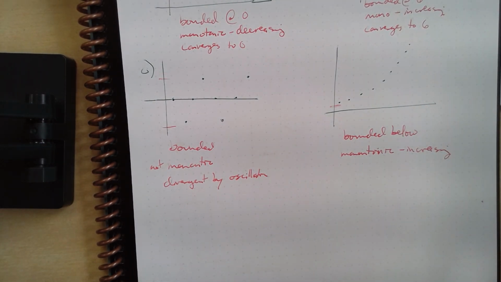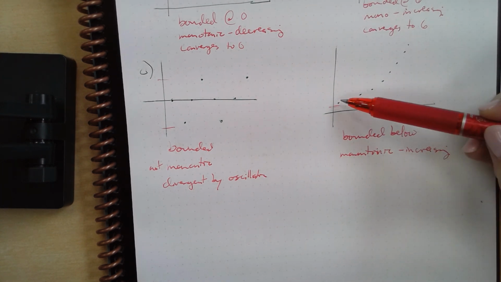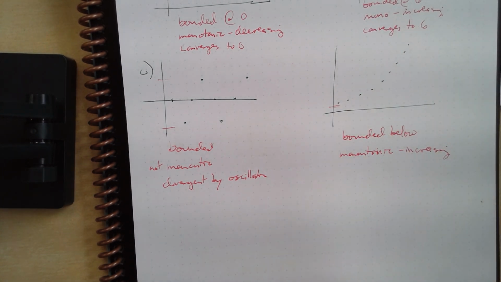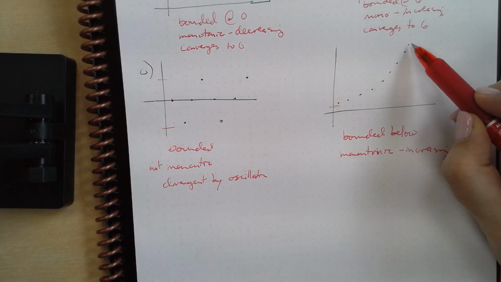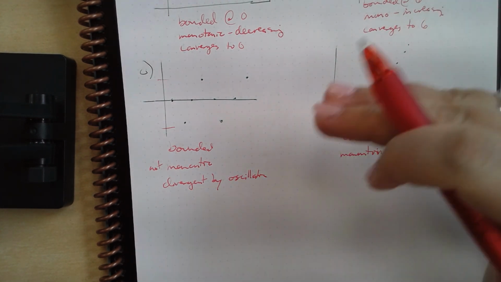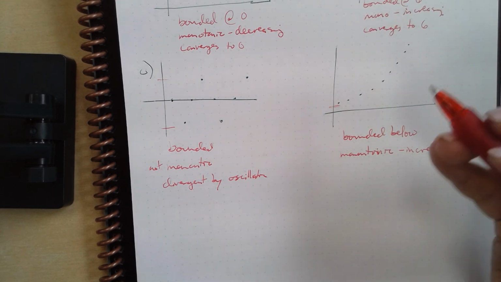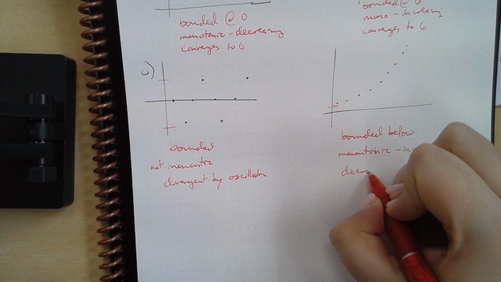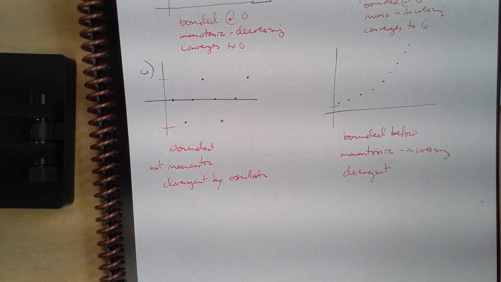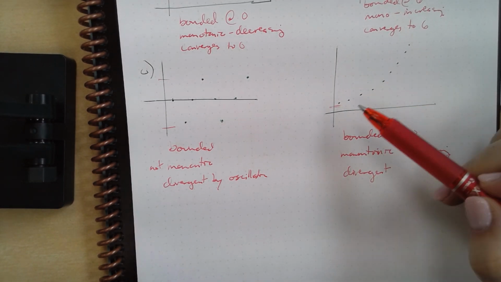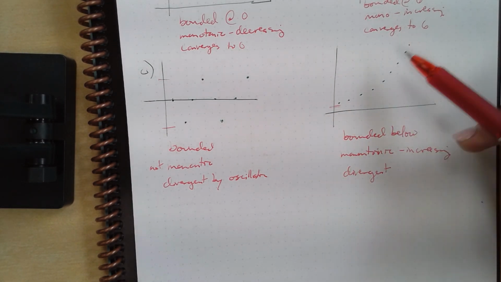Now, I didn't give you a very clear definition, because even though this is bounded below and this is monotonic, it's strictly increasing and it's not bounded during the increase, so this is actually divergent. And I hope that you're able to see that. This is increasing on to infinity, so it is divergent.